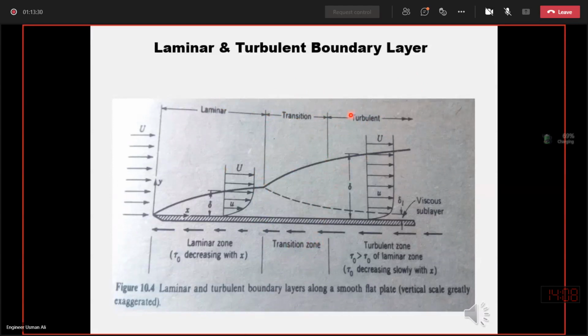Afterward there will be complete or fully turbulent flow, and there will be a viscous sublayer as well near the surface of the plate. So this is how we can define the laminar and turbulent boundary layer, combined, having the transition between them. So these are the types of boundary layers that we have to analyze.